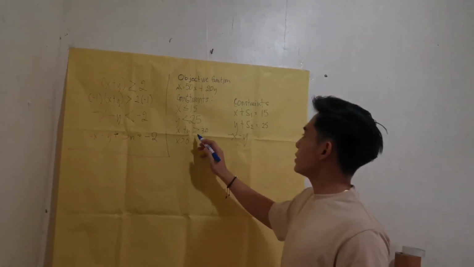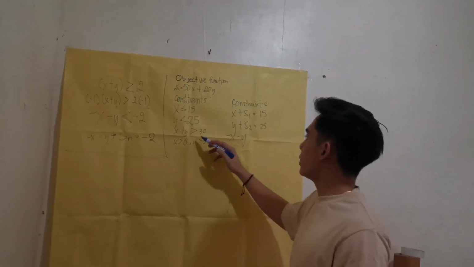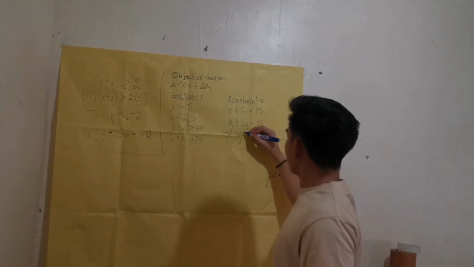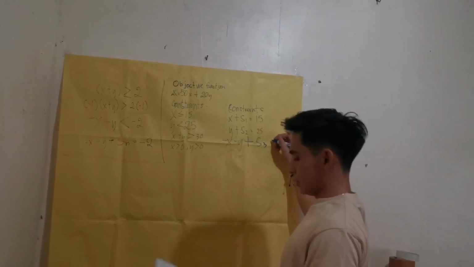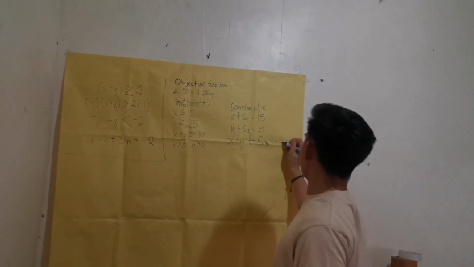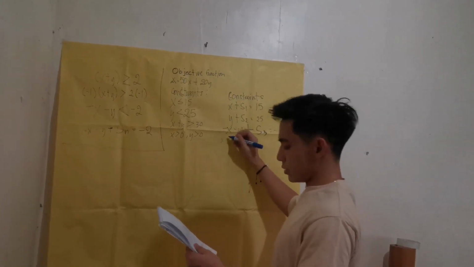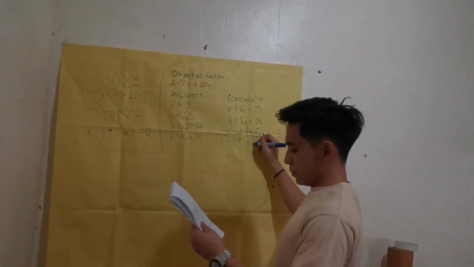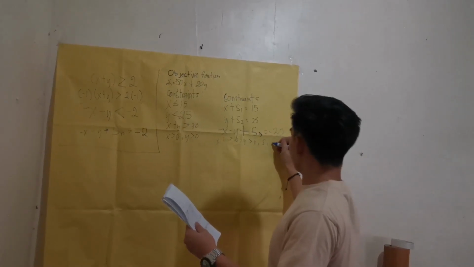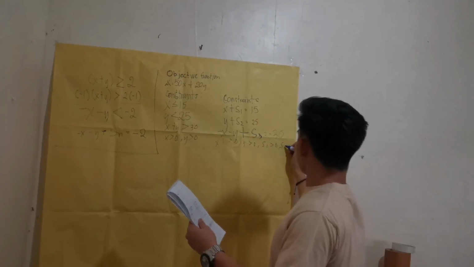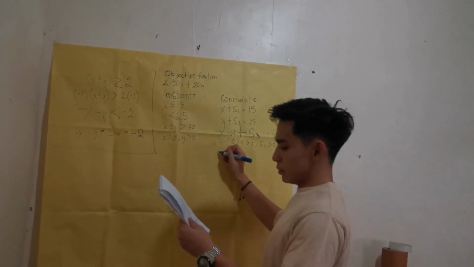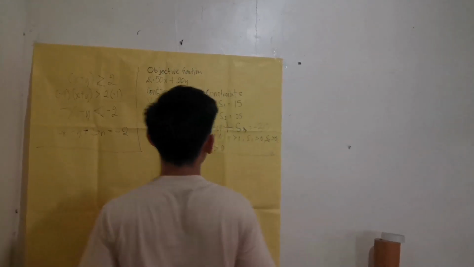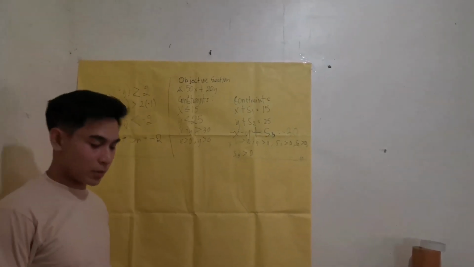Then it becomes a less than symbol because we multiplied by negative 1. And we add the slack variable. So, s sub 3 equals negative 30, x, y. So those are the constraints of our problem.